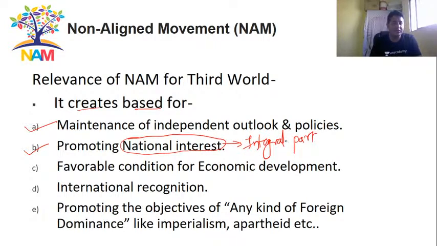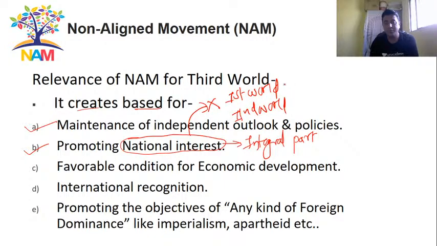But it was not the case in First World and Second World. National interest was not a part in First World and Second World. Why? Because initially they followed the war of ideology, and national interest, they didn't pay attention.